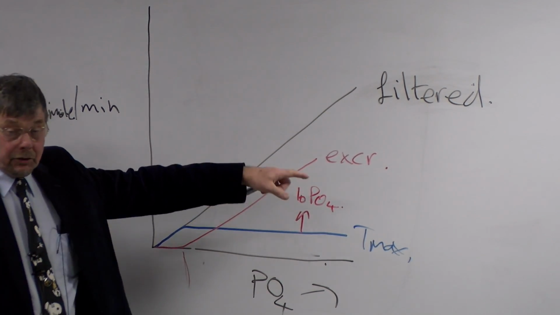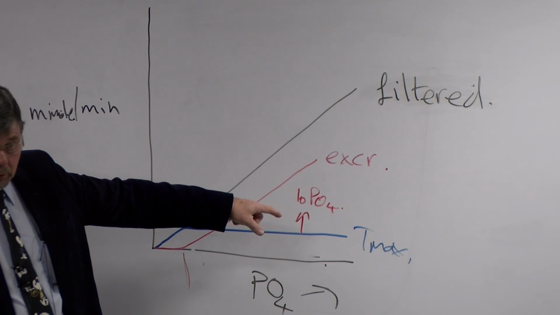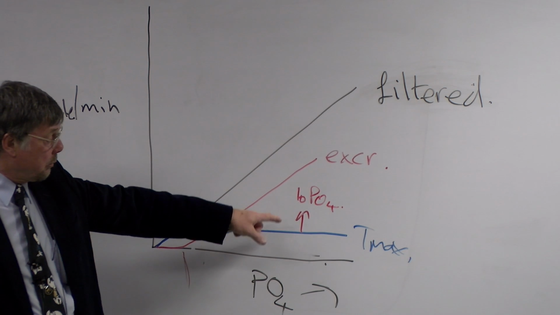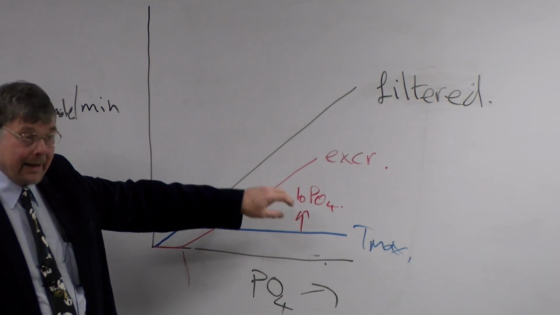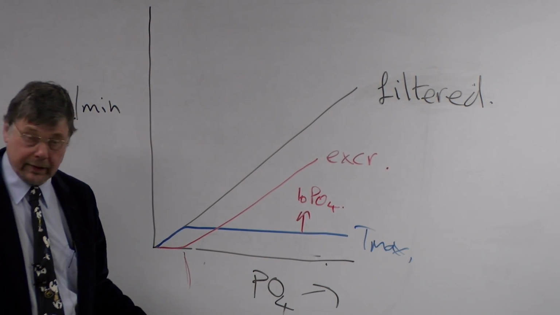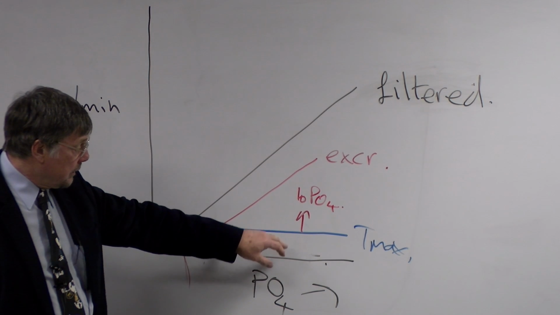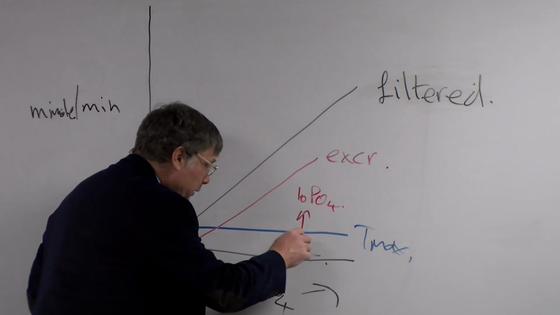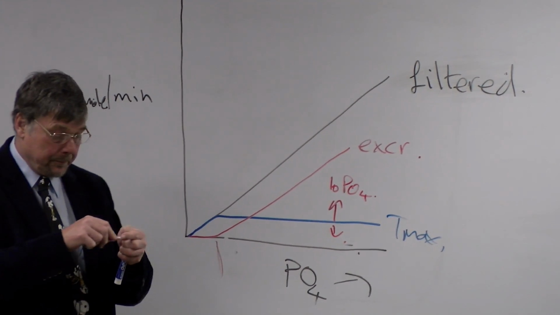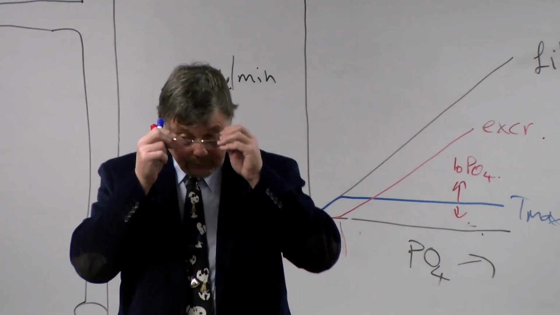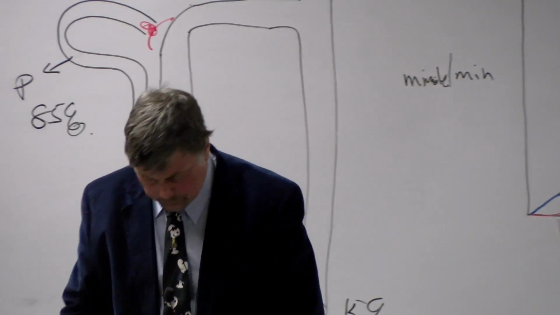In other words, you can synthesize some of these transporters that we just talked about, and it will tend to increase the Tmax, and you can reabsorb more phosphate. And conversely, if the reverse is the case, then you can also go down this way. So those are aspects of phosphate regulation.